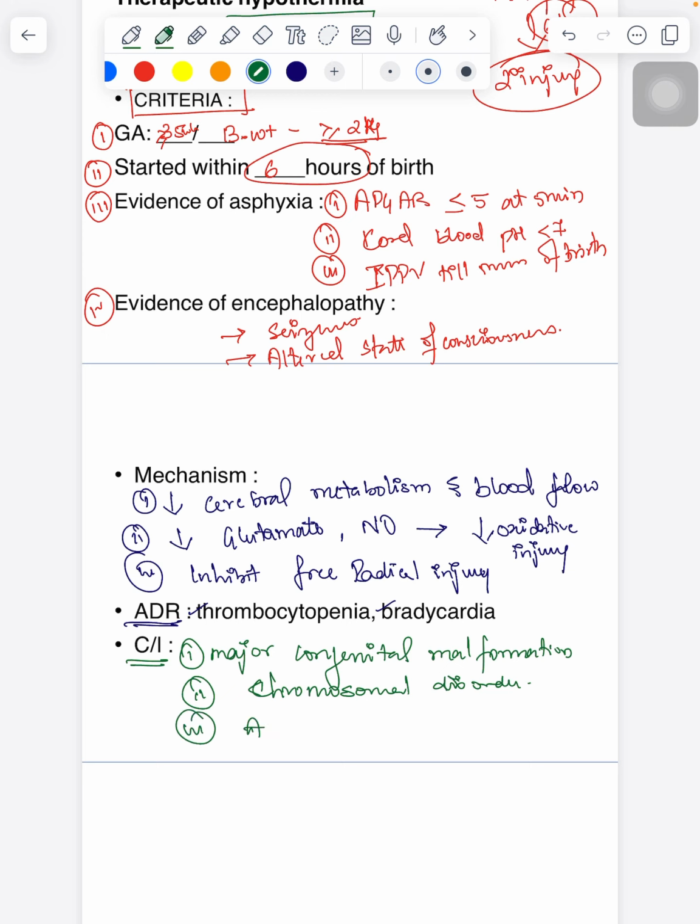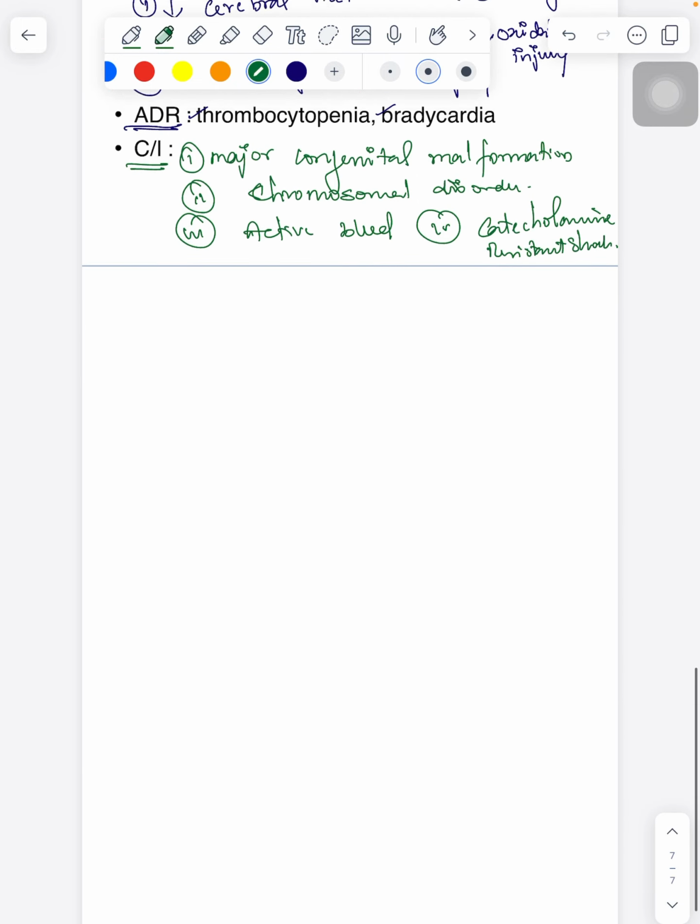Third, when the child has an active bleed. Fourth, when the child has catecholamine resistant shock. These conditions are contraindications for therapeutic hypothermia.